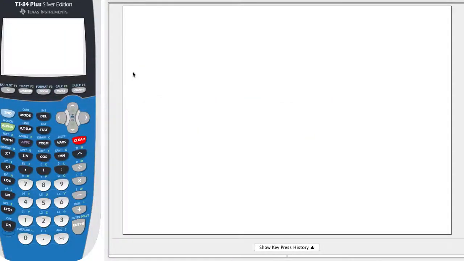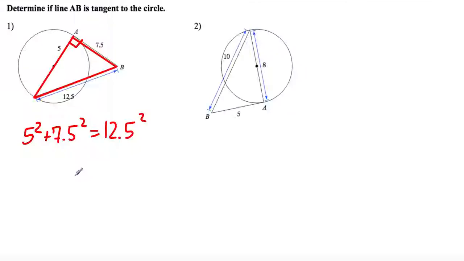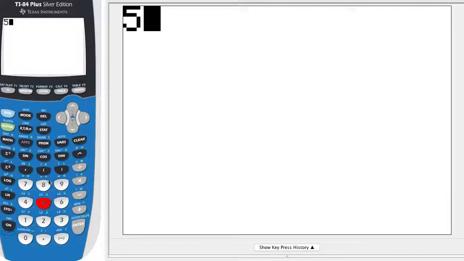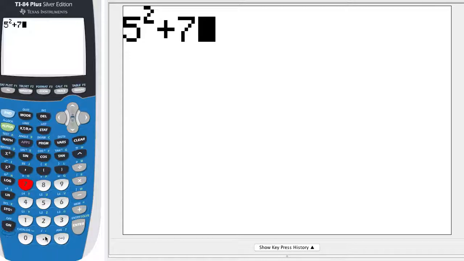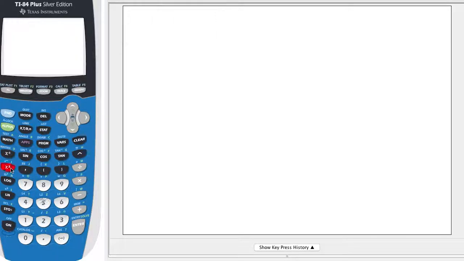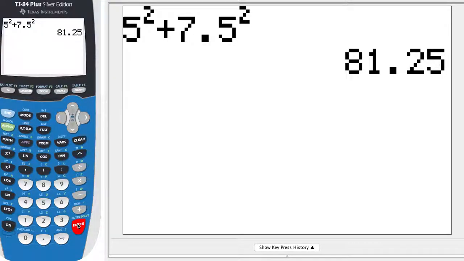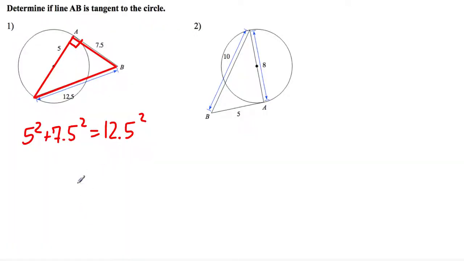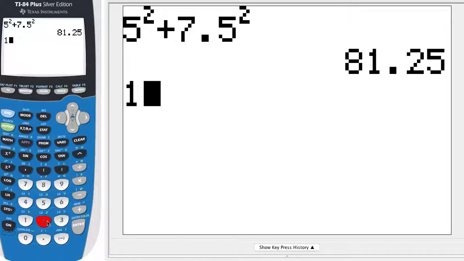So I can find that out using my calculator. I can do 5 squared plus 7.5 squared, and I get 81.25. So that means that 12.5 squared must also be 81.25.